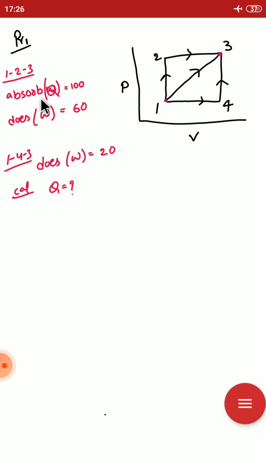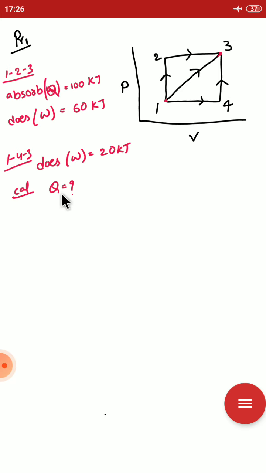The data given: in the path 1 to 3, the system absorbs 100 kilojoules of heat, and it does 60 kilojoules of work. And if we take the path 1 4 3, it does 20 kilojoules of work.